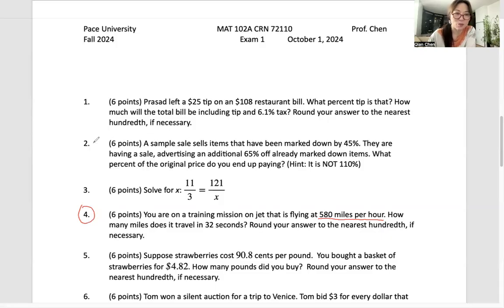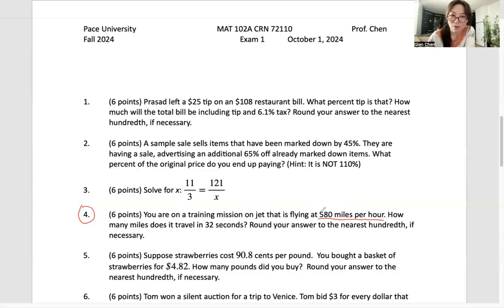Let's see this, like question 2. A sample sells, right? If this doesn't sound dear to your ear, you can change it to be a sweater. A sweater has been marked down by 45%. Same thing here. We don't care about the scenario itself. We're looking for the numbers and the logic in the question.